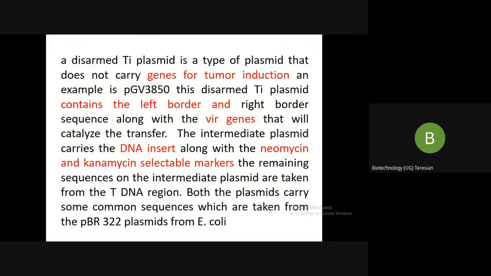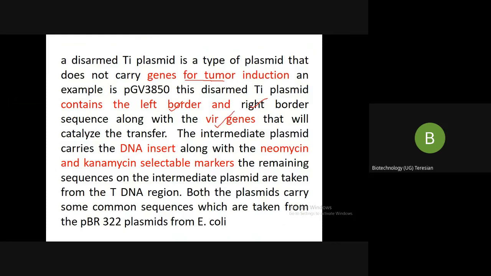Please look at this slide. A disarmed Ti plasmid is a type of plasmid that does not carry the gene for tumor induction. An example is PGV3850, which I showed you now. This disarmed Ti plasmid contains the left border and the right border sequences along with the Vir genes.